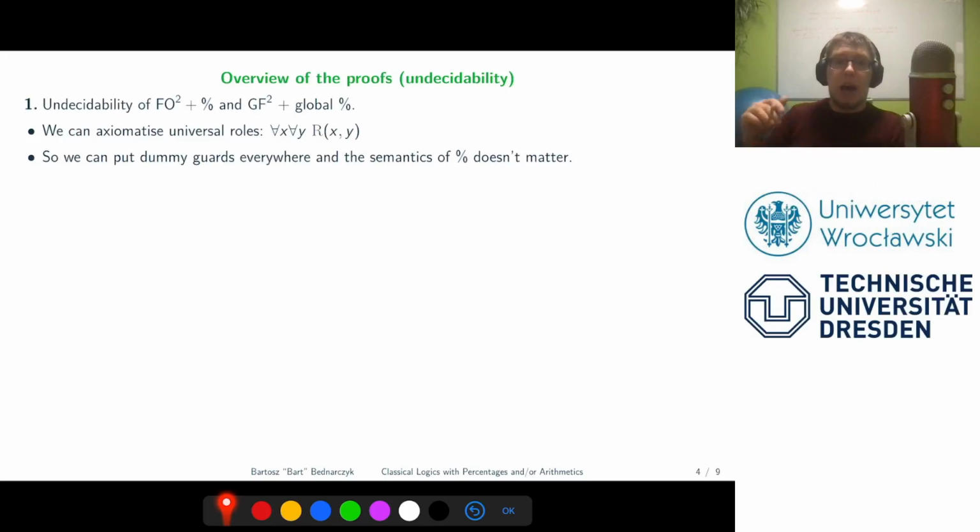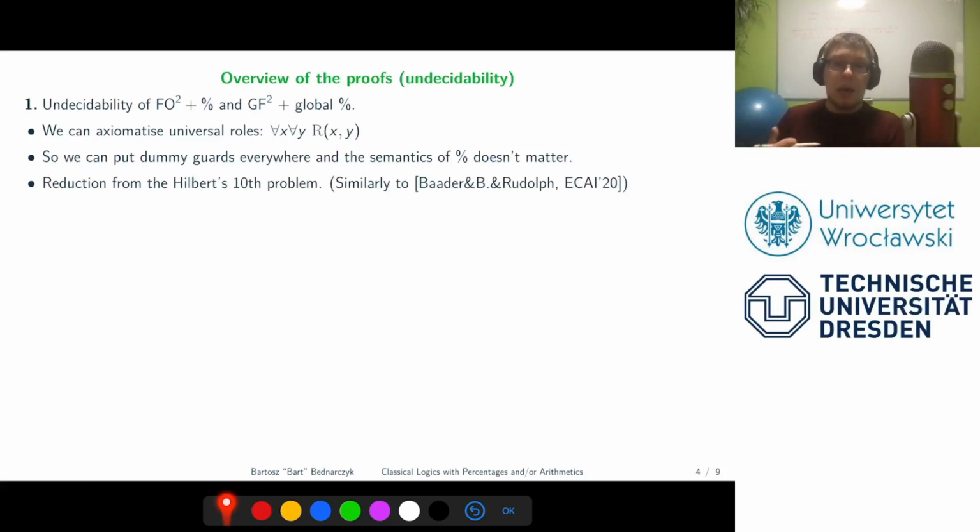Moreover, whenever I add an R relation everywhere, it doesn't make any difference whether I use local or global semantics, because it will be just the same. The main idea is to follow the general undecidability scheme from the work by Franz Baader and others, reducing the satisfiability problem to Hilbert's tenth problem of solving equations over natural numbers.